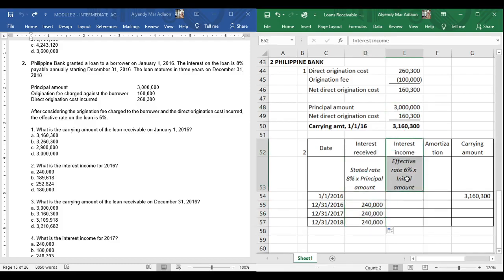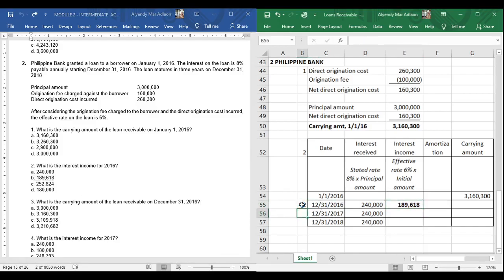But the interest income is different per year. We have an effective rate of 6% multiplied by the initial amount, so 3,160,300 times 6%, and you will get an interest income of 189,618. In number 2, that is letter B.